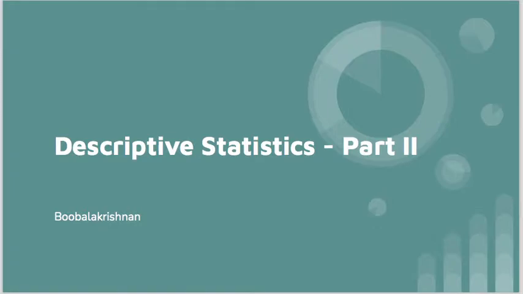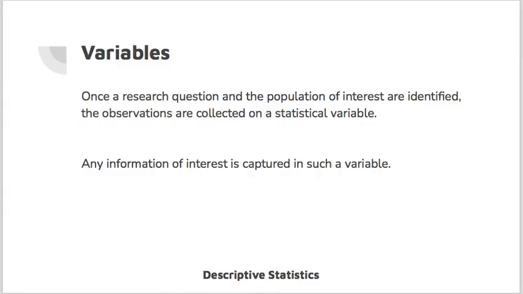So the first thing is variables. This is one of the terminologies used in basic statistics. Once a research question and the population of interest are identified, the observations are collected on a statistical variable.